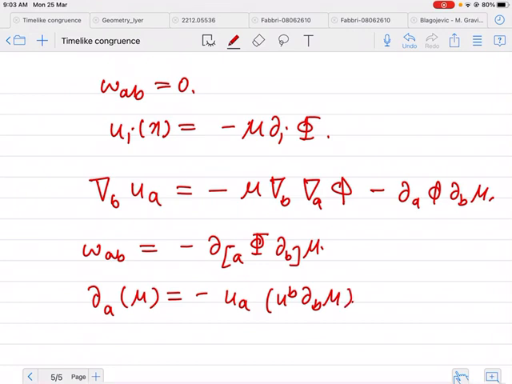Substituting this back into the expression for omega_ab, we find that it vanishes identically for a geodesic congruence.